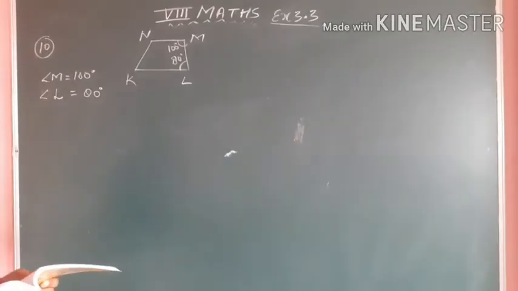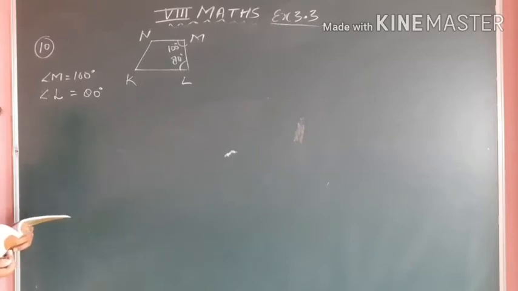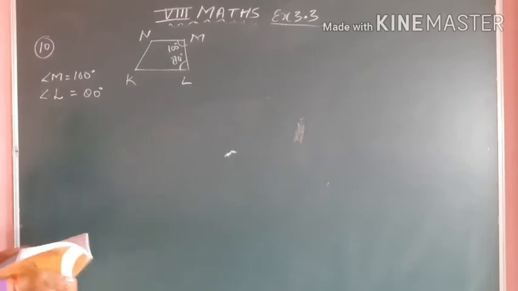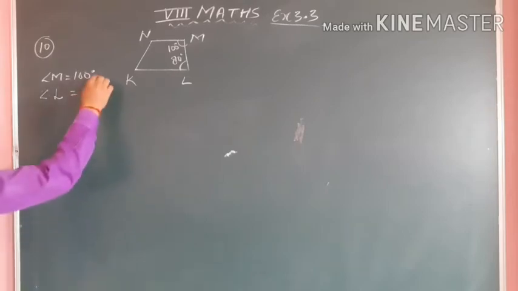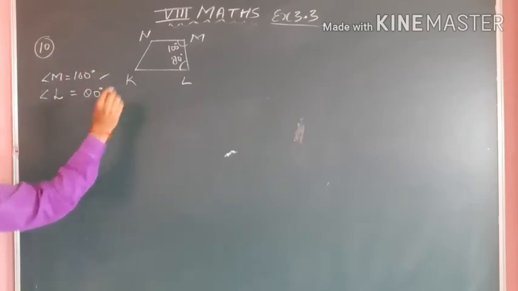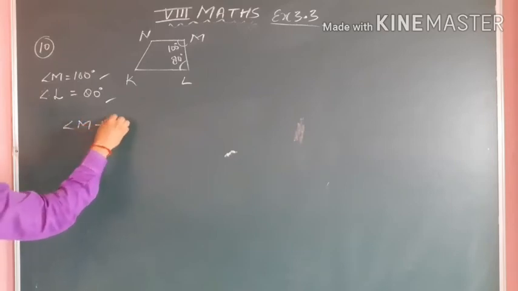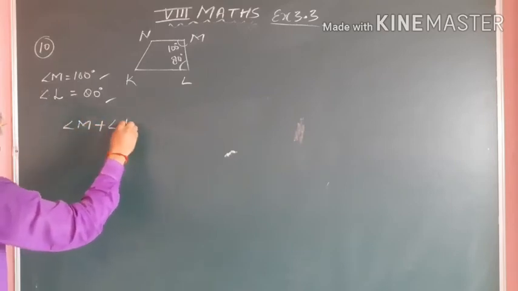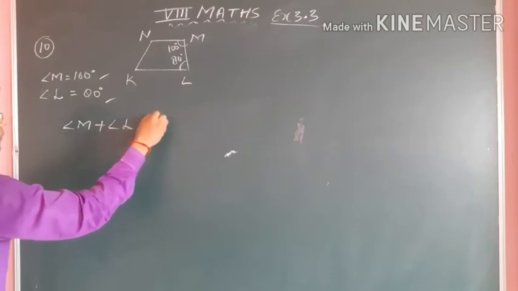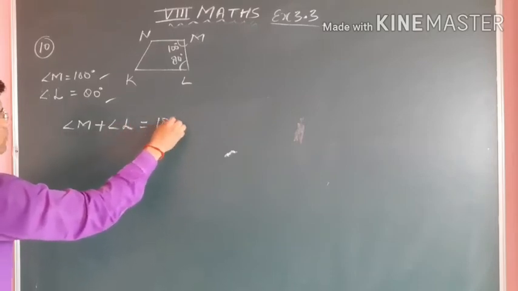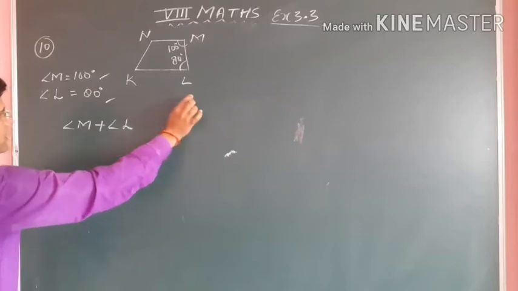In question number 10, we have to determine whether the given figure is a trapezium or not and which two sides are parallel. So first of all, angle M is 100, angle L is 80. Now we have to add these two angles. Angle M plus angle L, they make together 180.